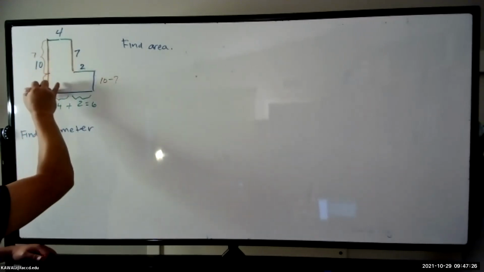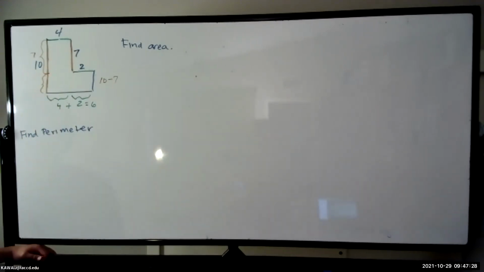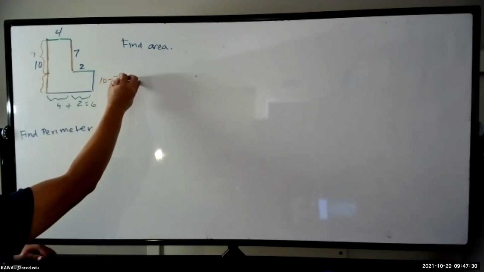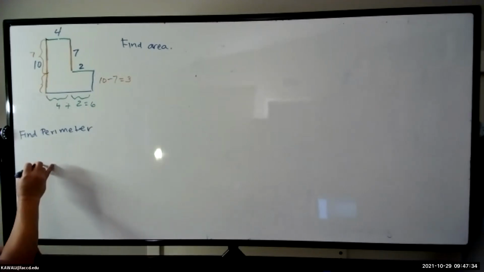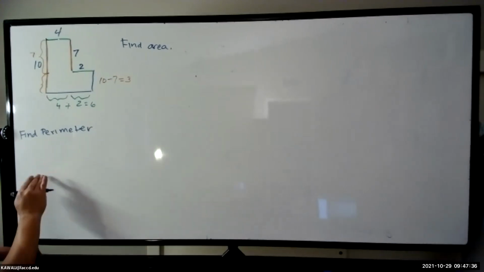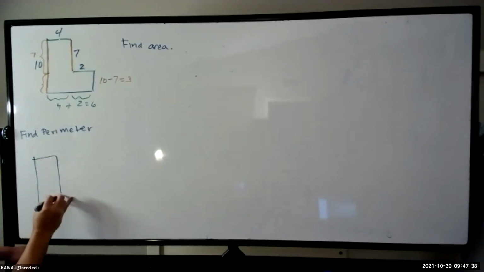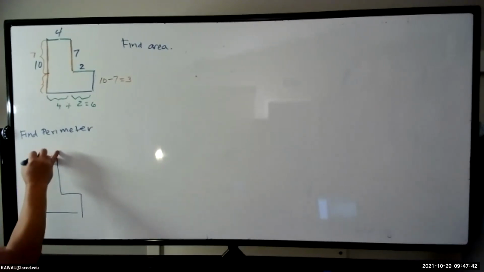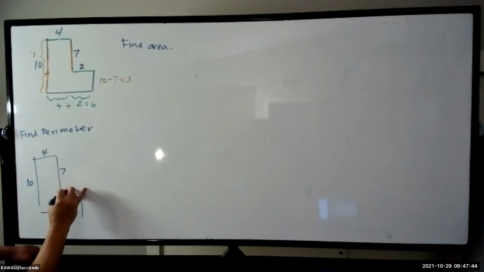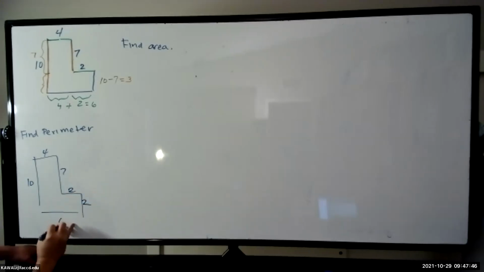So the question is, what's that over there? So that's 10 minus 7, which is 3. So let's redraw this shape without all the little markings. Okay. I have 10, 4, 7, 2, 3, 6.